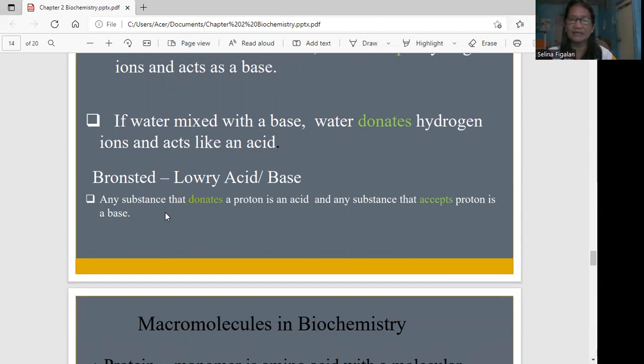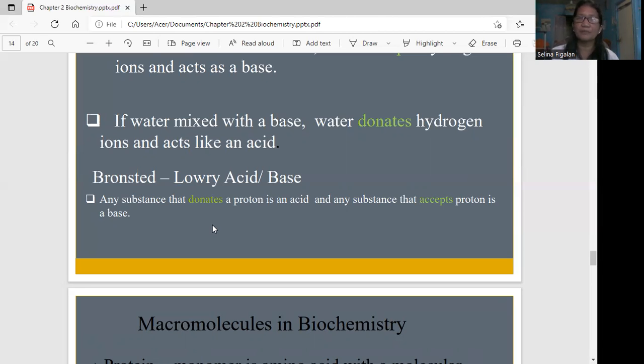It says here that any substance that donates a proton, like for example, the water donates hydrogen, nagbibigay siya dun sa acid, pag nagdo-donate or nagbibigay na siya ng proton, that is what we call the acid.